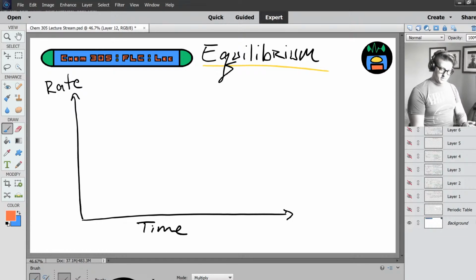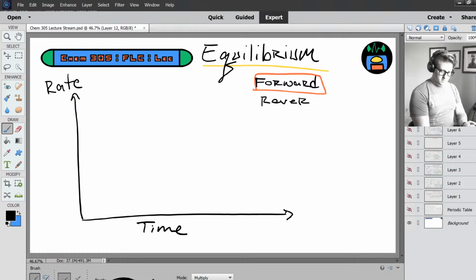The forward rate I'm going to plot in salmon color, and the reverse rate I'm going to plot in blue.